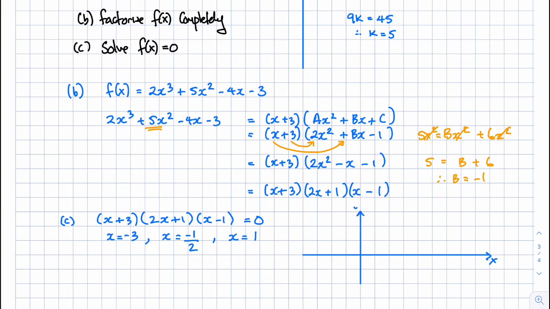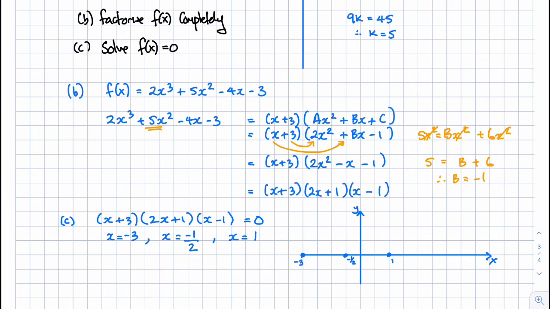Okay, so your x-axis and y-axis. So what do we know? Well, we know the graph will pass over x equals 1, and we know it will pass over x equals minus a half, which is over here somewhere, and also x equals minus 3, which let's just say is over here somewhere.